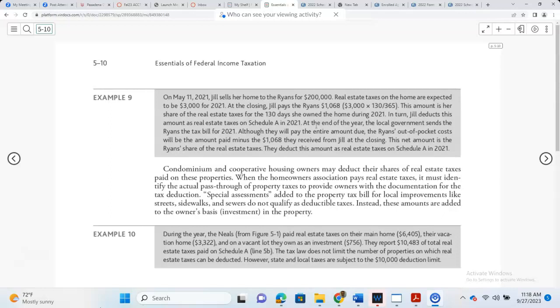At the end of the year, the local government sends Ryan the tax bill. Ryan is the buyer for 2021. Although he will pay the entire amount due, Ryan's out-of-pocket cost will be the amount paid minus $1,068. So Ryan will pay it, but minus $1,068 is his deduction.